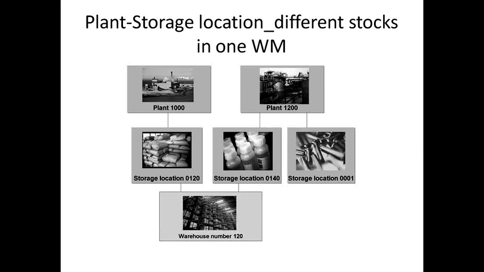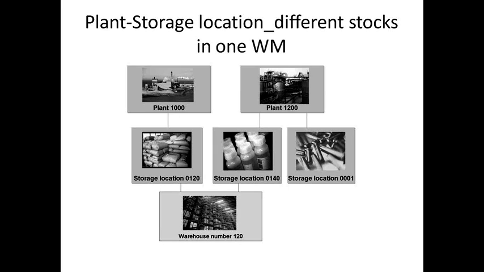As I said, the plant is assigned to the warehouse here, and storage location 0140 to 120. But the storage location 0001 is not assigned to any warehouse management. So whenever you receive stock into storage location 0001, there won't be any warehouse management activities.